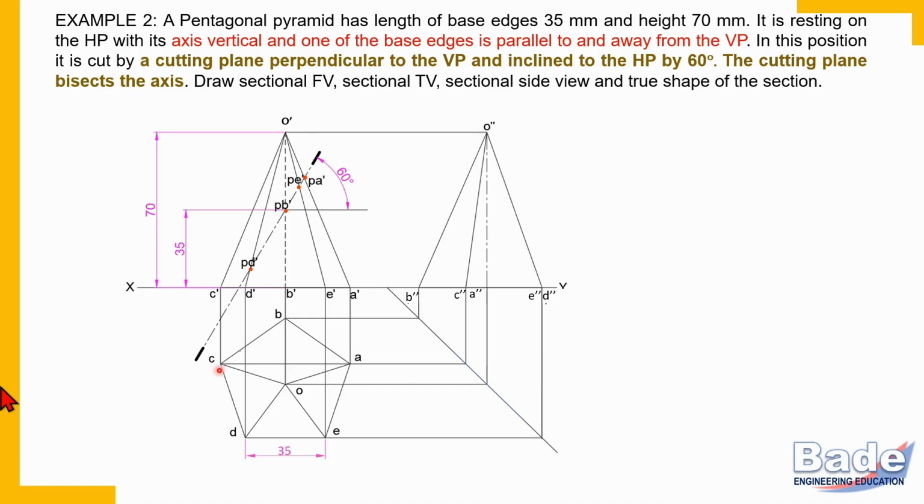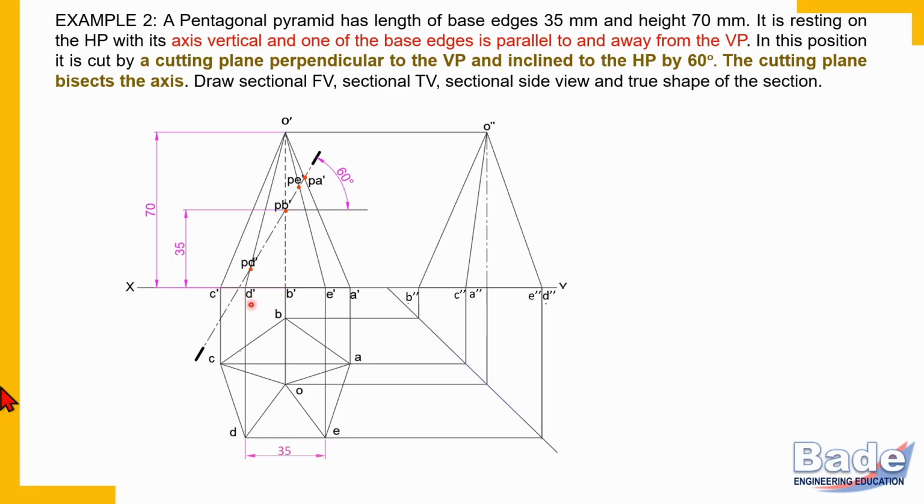Now watch here, base edge CD. Where is this edge in the front view? So C dash D dash. Have you noticed the cutting plane line is intersecting edge CD? Now focus on edge BC. Where is this edge BC in the front view? So B dash C dash.